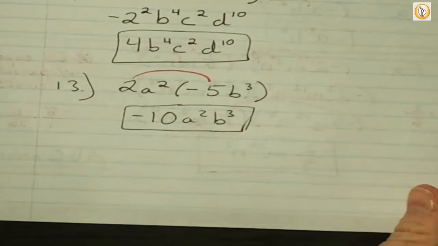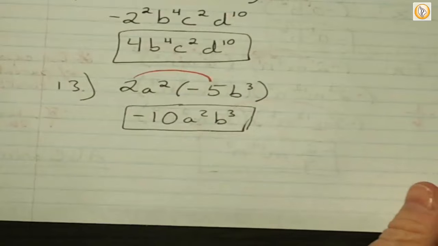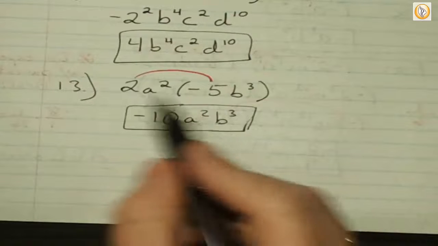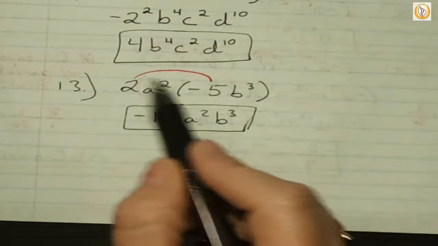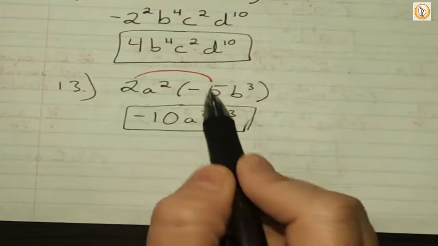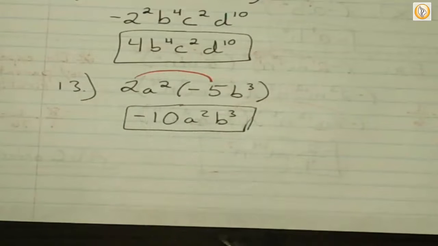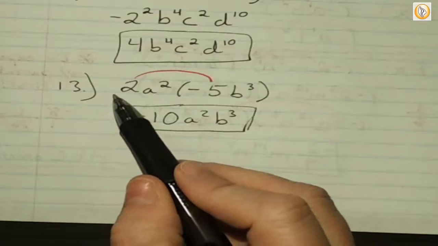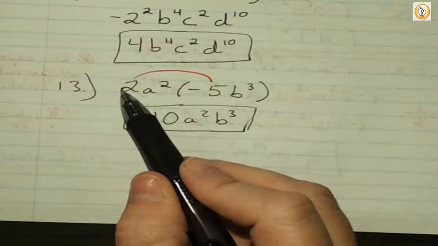Yes, ma'am. Since the 2 is outside the parentheses, why wouldn't we multiply the 2 by everything in the parentheses? That's what we did. That's exactly what we did. So it's 2 times this, and then we just bring down that. No, but the exponent of 2, like a and then the 2.